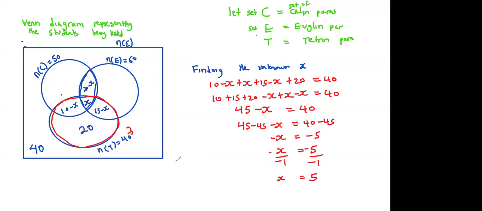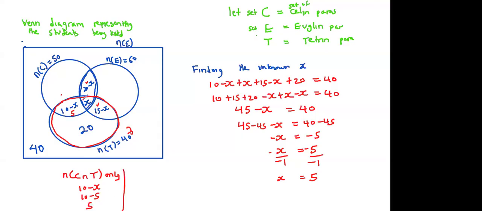Now, before you go on to draw the accurate diagram, you find out what each and everything is. So for C and T only, it is 10 minus X, which is 10 minus 5, which is 5. So here we have 5.